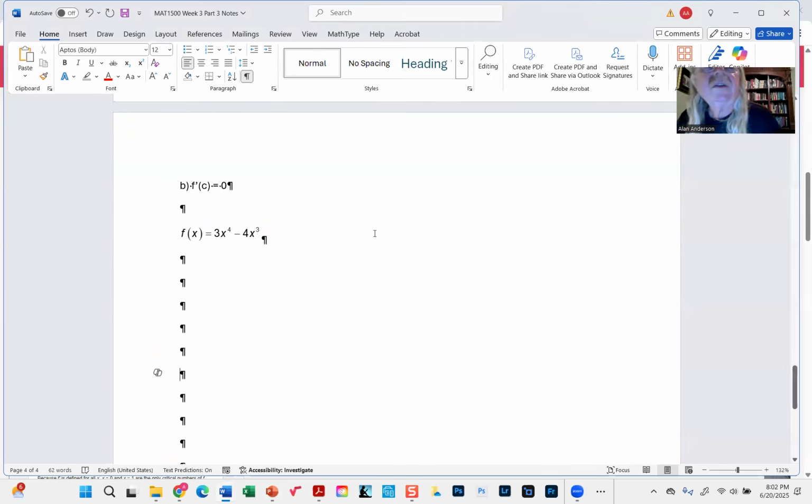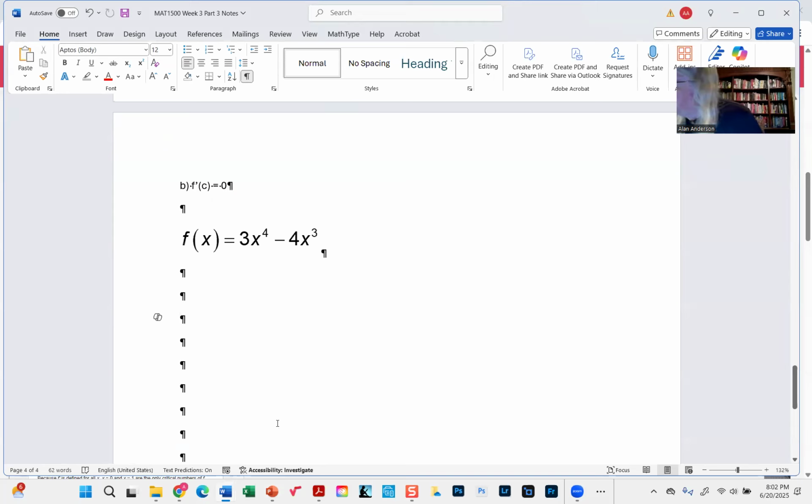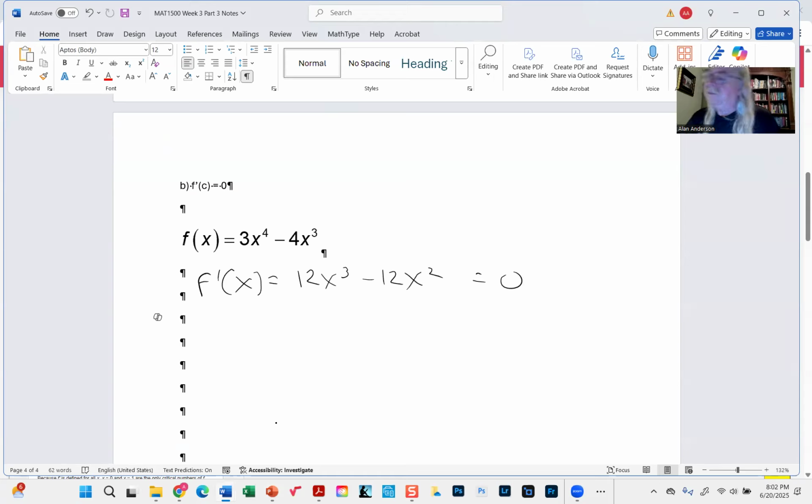So based on the rules that we've been learning, we can easily calculate the first derivative. And then we'll set that equal to 0. First thing we'll do is divide both sides by 12. And then we're going to factor out the x. Actually, we'll factor out an x squared. Let's do that. That probably would be quicker.